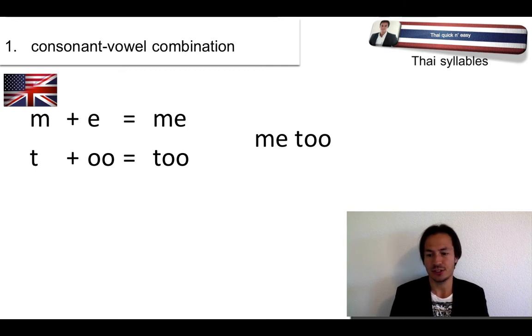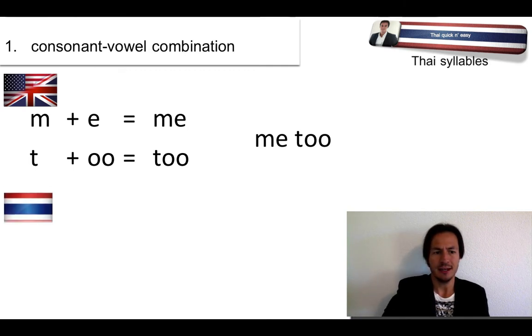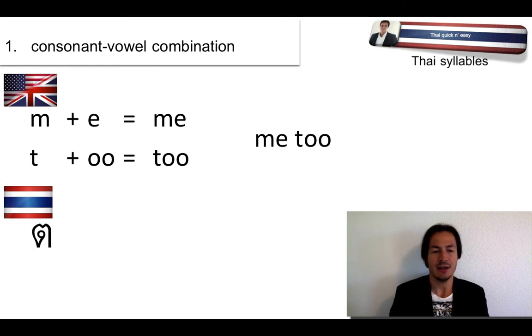The same is true for Thai language. In Thai language, what we do is we take a consonant, and it is not necessary that you know the consonants or that you can read it or whatever. It's just a display. So we have a consonant here, which is a T consonant, let's say, and we add a vowel to the consonant, which is a long A vowel.